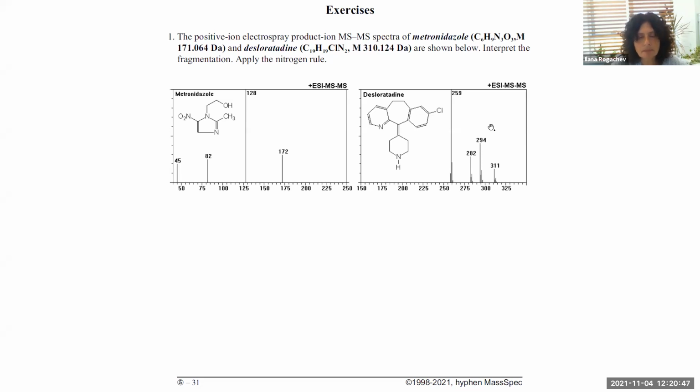And you would expect that if you increase the collision energy, the 258 will increase and the 259 will go down.